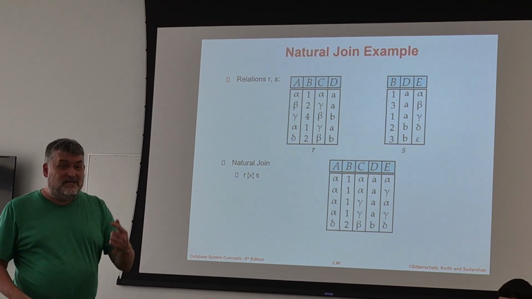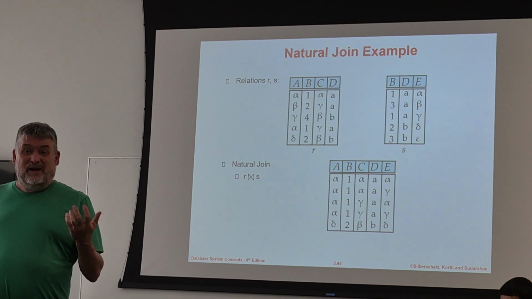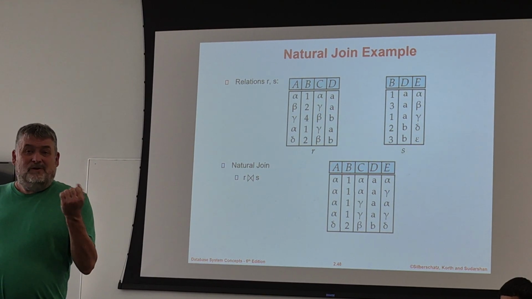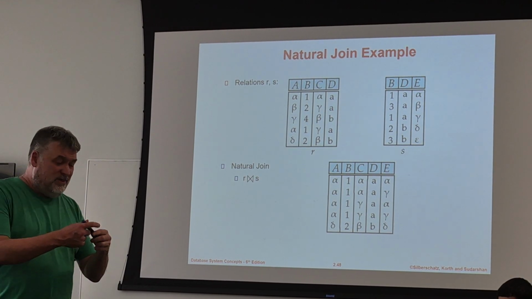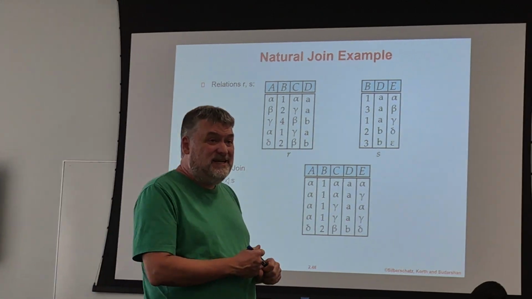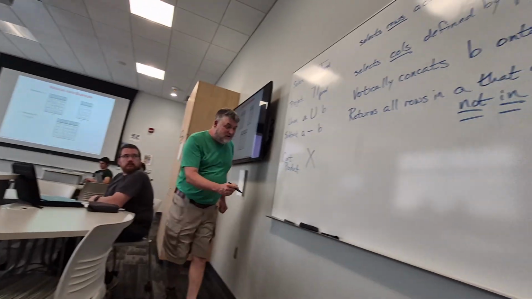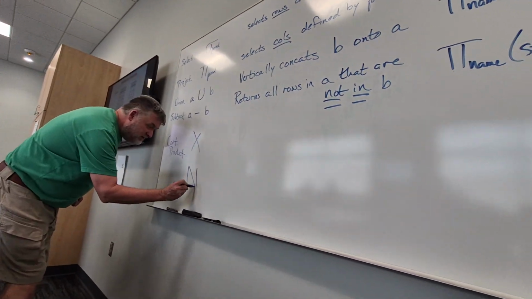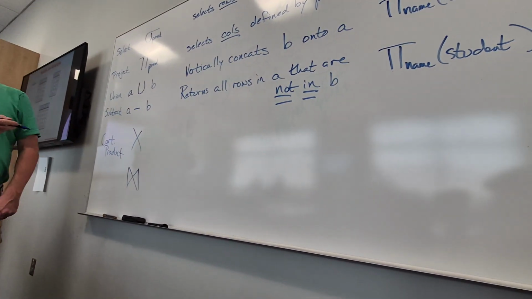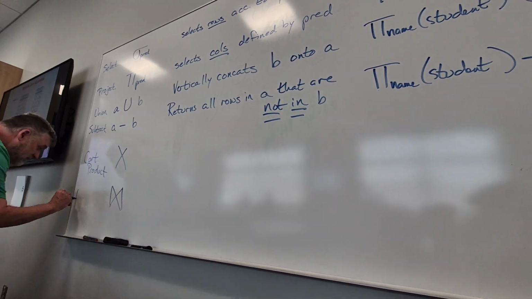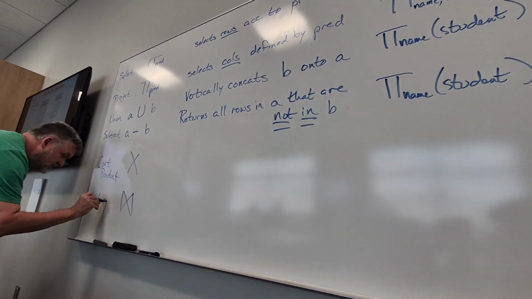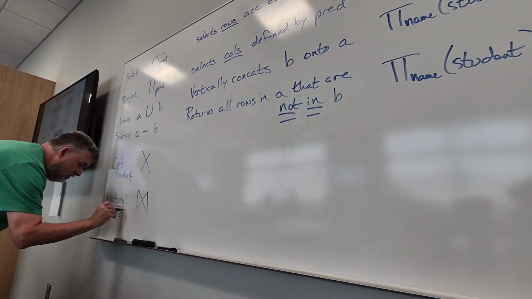But also, it's showing you the mathematical symbol that we'll use to represent the mathematical operation. It's essentially that Cartesian product symbol, except we draw 2 vertical lines on either end. I call this the bow tie operator. That's natural join.